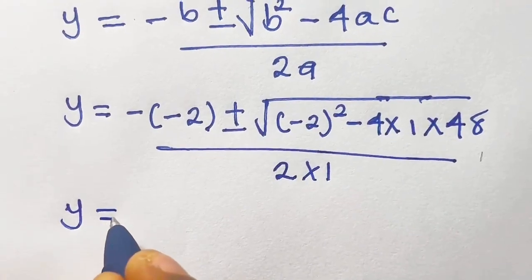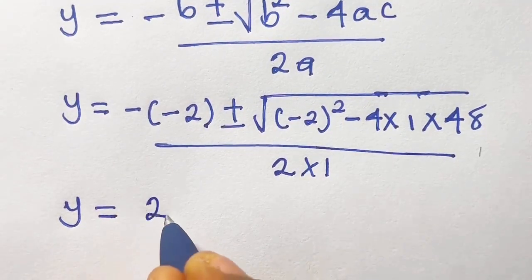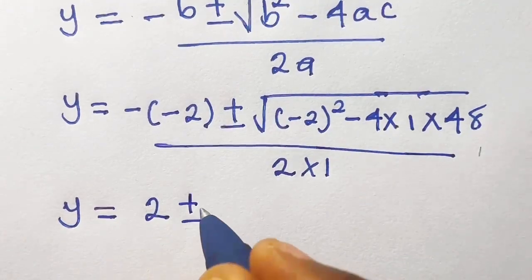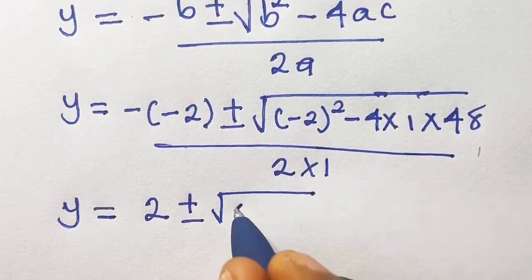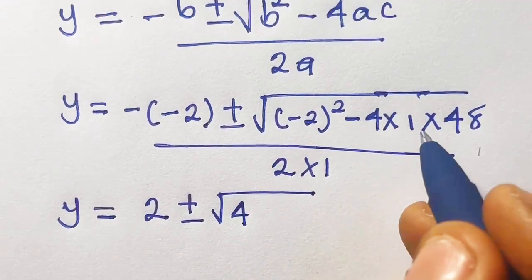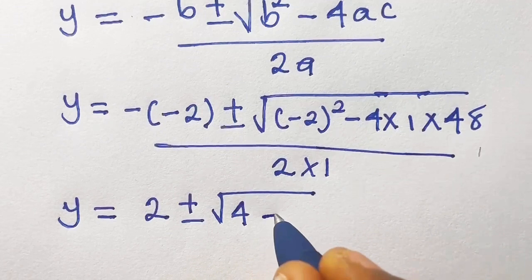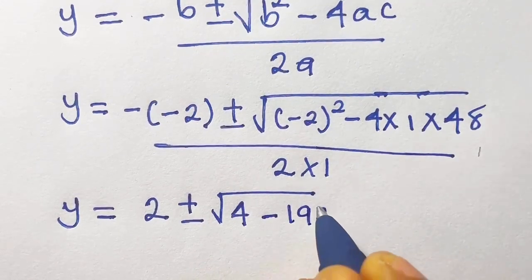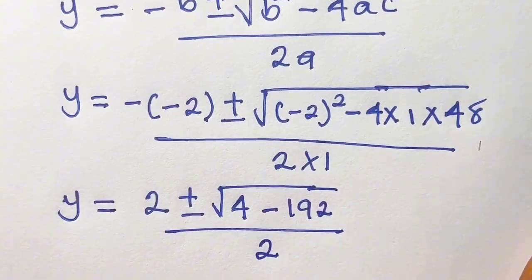So we have y equals minus times minus 2, so that is 2, plus or minus square root of minus 2 square will give us 4, minus 4 times 1 times 48, that is minus 192, divided by 1 times 2, we have 2.